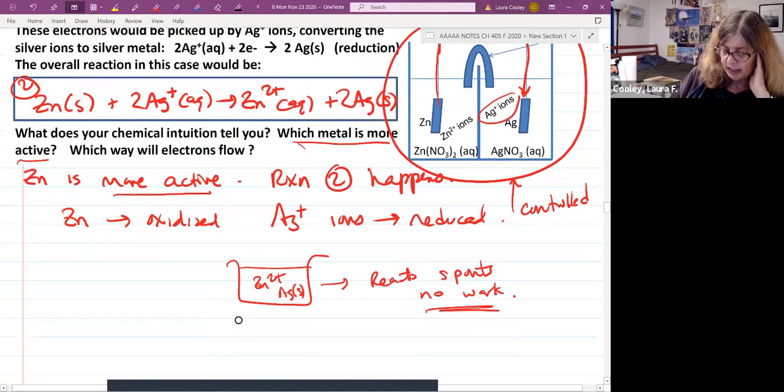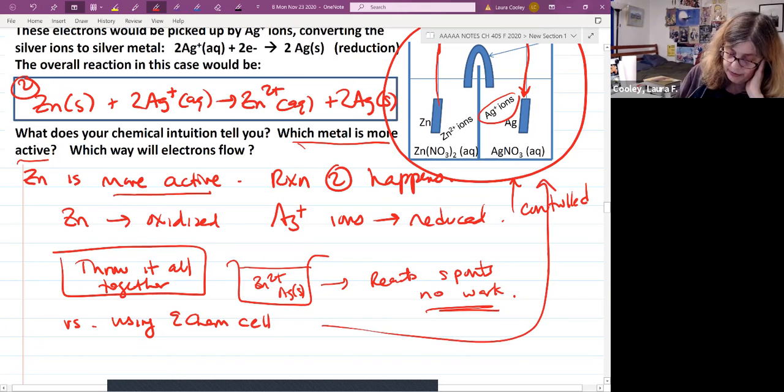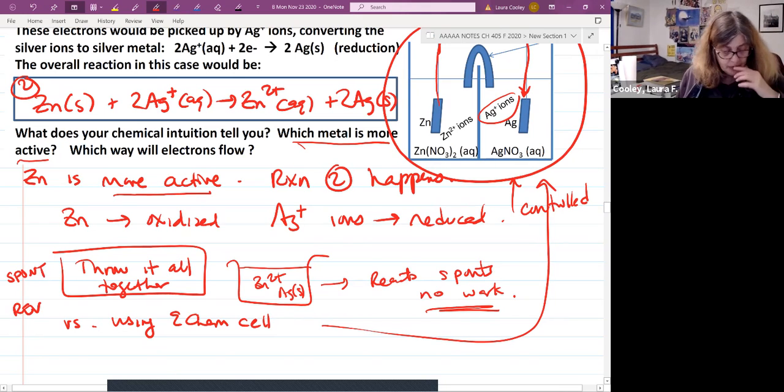So that's what I mean by running this in two different ways. Just throw it together, versus using an electrochemical cell, like the one I showed you up here, okay? So this would be the spontaneous way, and this would be the reversible way, okay?